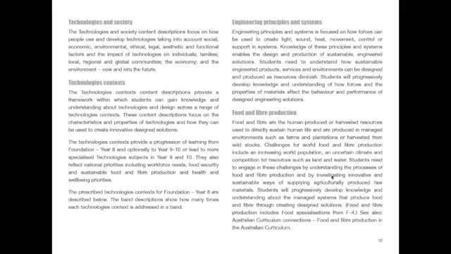So food and fibre production involves the growing of crops or growing of fibres, and could involve, say, raising of sheep for fibre production or for food production. And we do have schools that have their own little farms and so forth. The Southport High School's got quite an extensive farm on their campus, and that's just down the road, where they've got animals and different crops that they harvest.